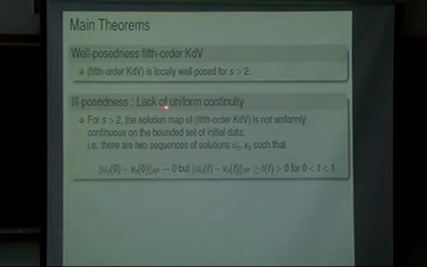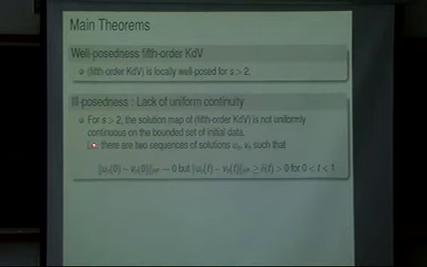Okay, so, lack of uniform continuity. In other words, the solution map is not uniformly continuous for s greater than 2. But s greater than 2 is not quite important, because we need to use the local well-posedness theory to show the ill-posedness result, ironically, so we can just claim this one. But if we have a better local well-posedness, then the regularity can be lower.